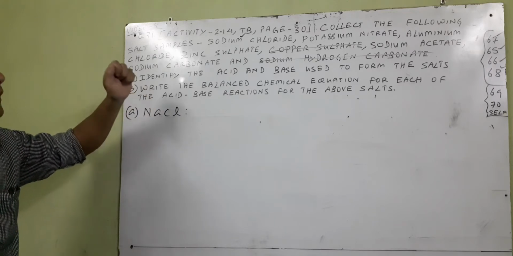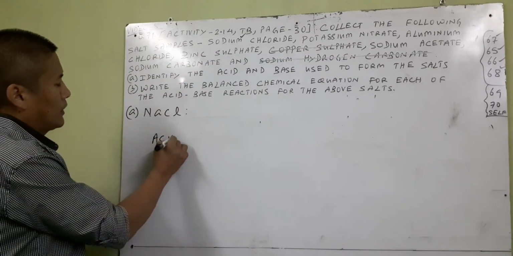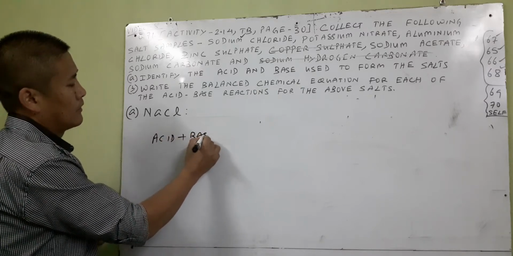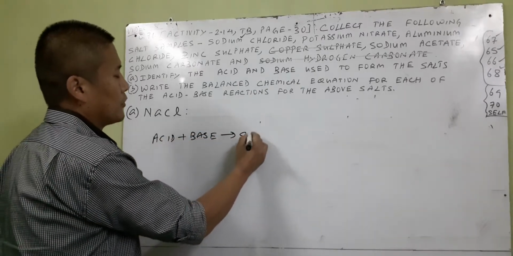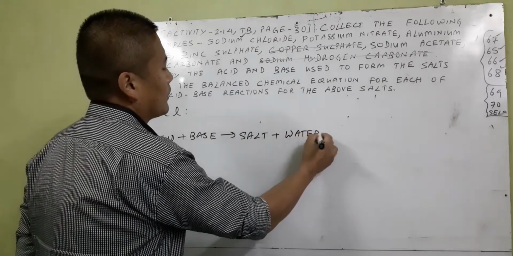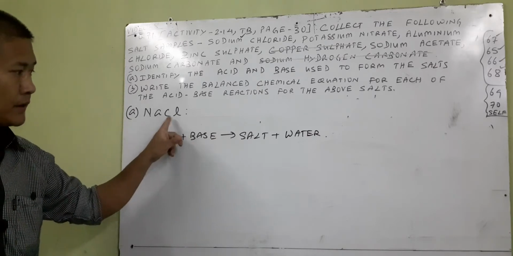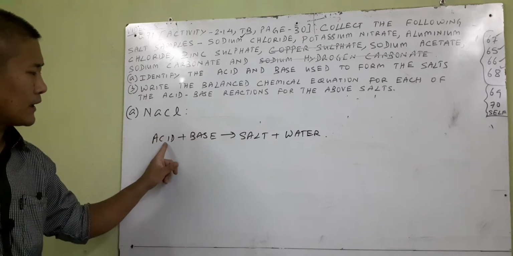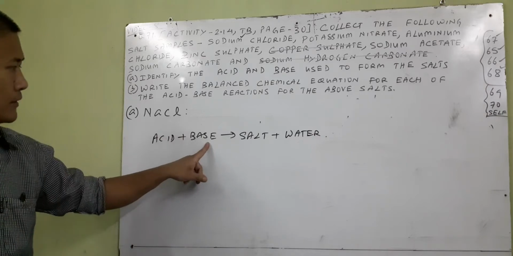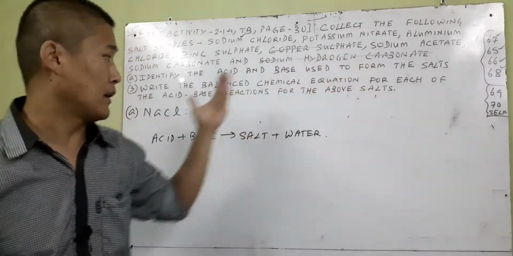We know that salts are derived when acid reacts with base, and then usually we also get water, right? So salt is a substance like sodium chloride, which is formed when an acid reacts with a base. So which is the base? Which is the acid? That's what A is asking us to do.